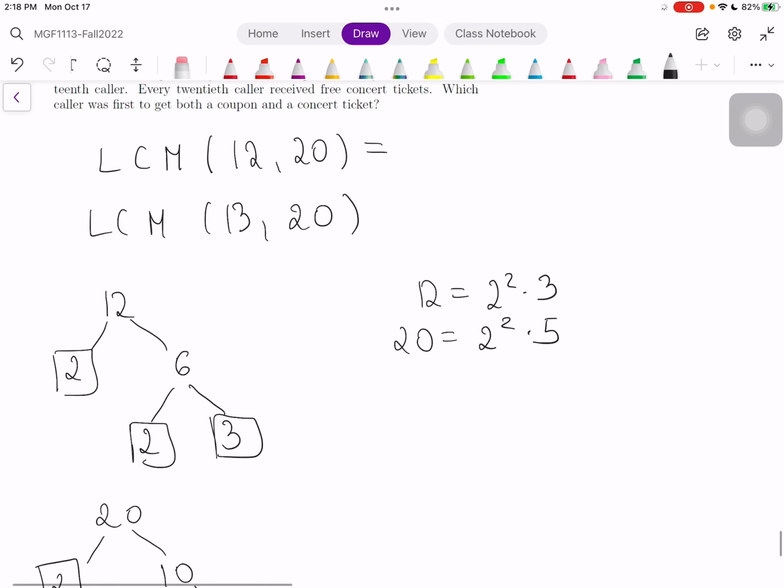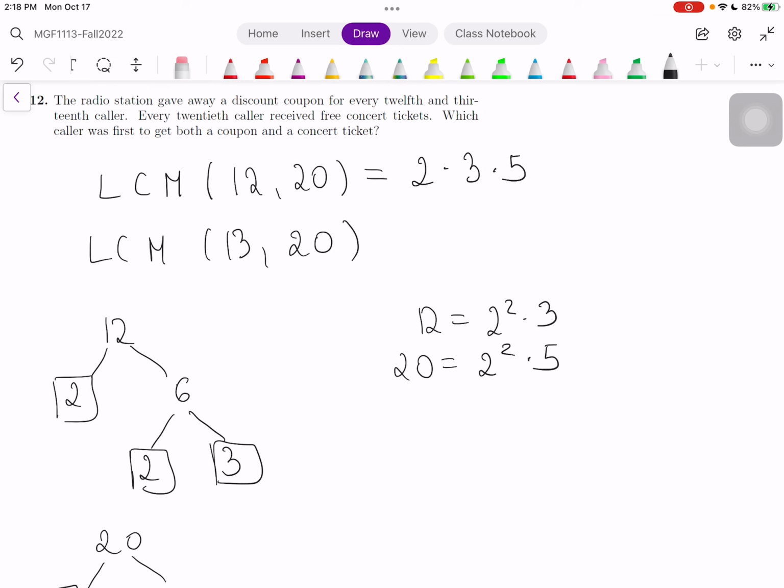So remember, if you're looking for a common multiple, then we record all the bases we see. I see 2, I see 3, I see 5, not necessarily common, appearing in both prime factorizations. And if it has two different powers, I would go with the bigger of the powers, but 2 in both cases appeared with the power 2. So there's no doubt here. So basically this is 4 times 15, which is 60, right?